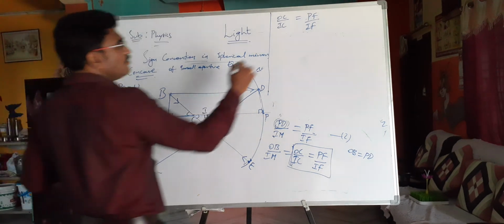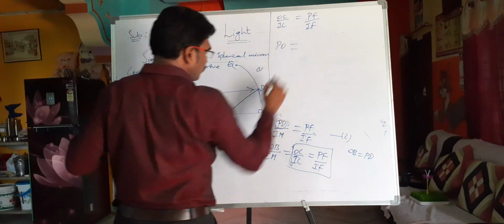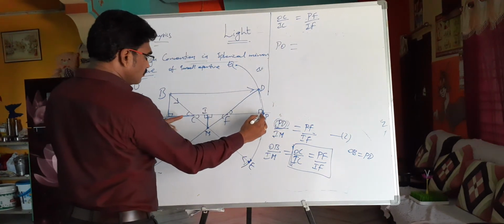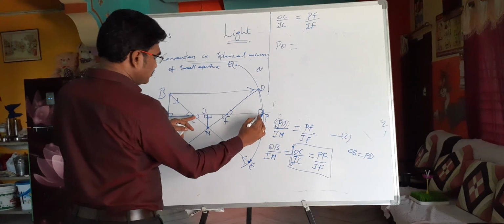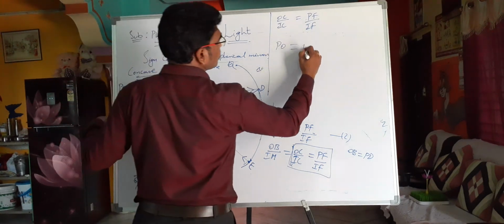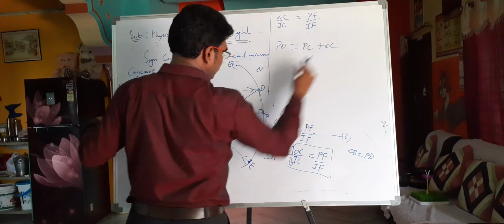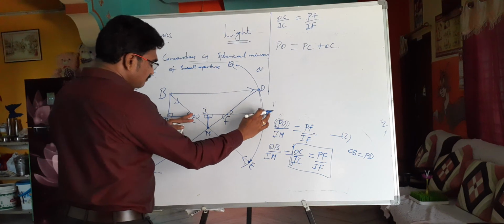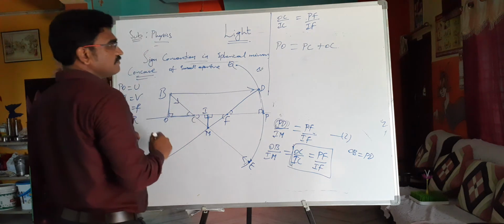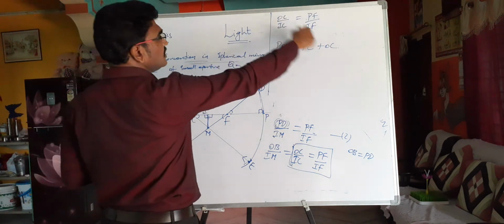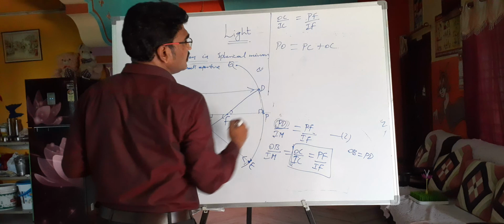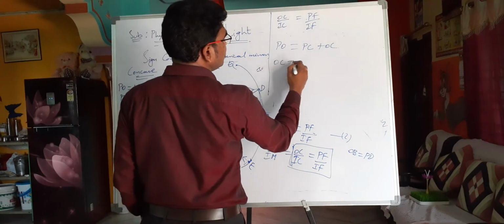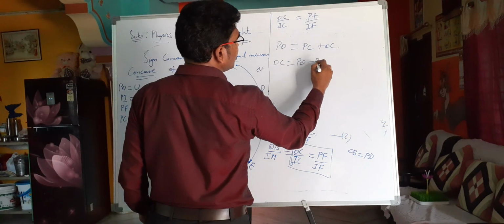U. PO is equal to PC plus OC. So PO is nothing but PC plus OC. But what I want here is OC. From this I want OC. So OC is equal to PO minus PC.